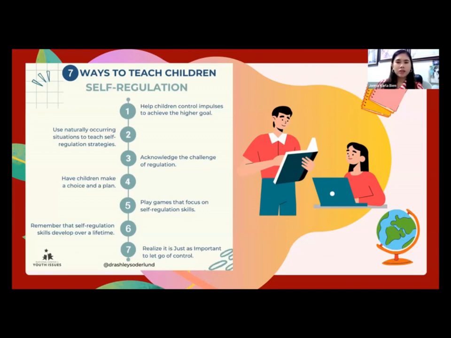Para ma-enhance yung pagpasa ng submissions ng mga activities, pwede win. And remember that self-regulation skills develop over a lifetime. It doesn't develop when you're already working. It doesn't when you are already in college. It slowly develops and it happens as you go along with your life.